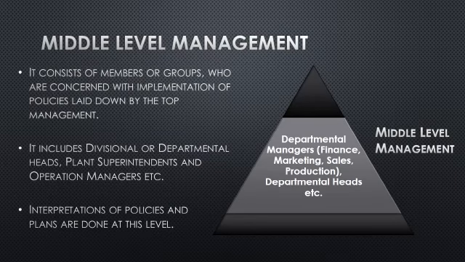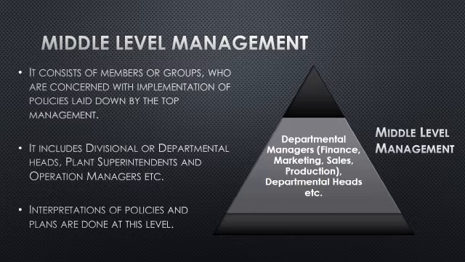The middle level management. This level in the hierarchy consists of managers or groups who are concerned with the implementation of policies that are laid down by the top level management, which means it's their basic responsibility to make sure that whatever policies and planning are done by the top management are being followed and the organization functions in line with those plans and policies.